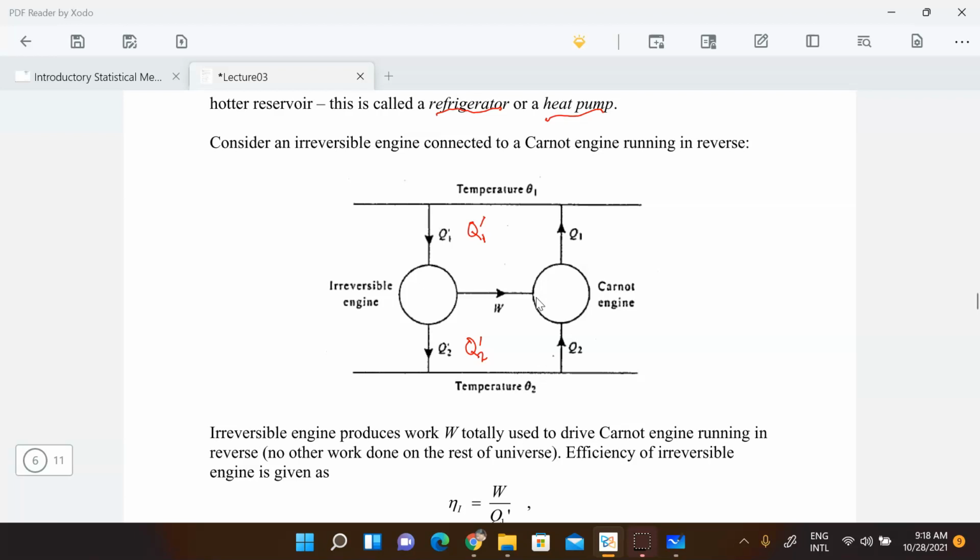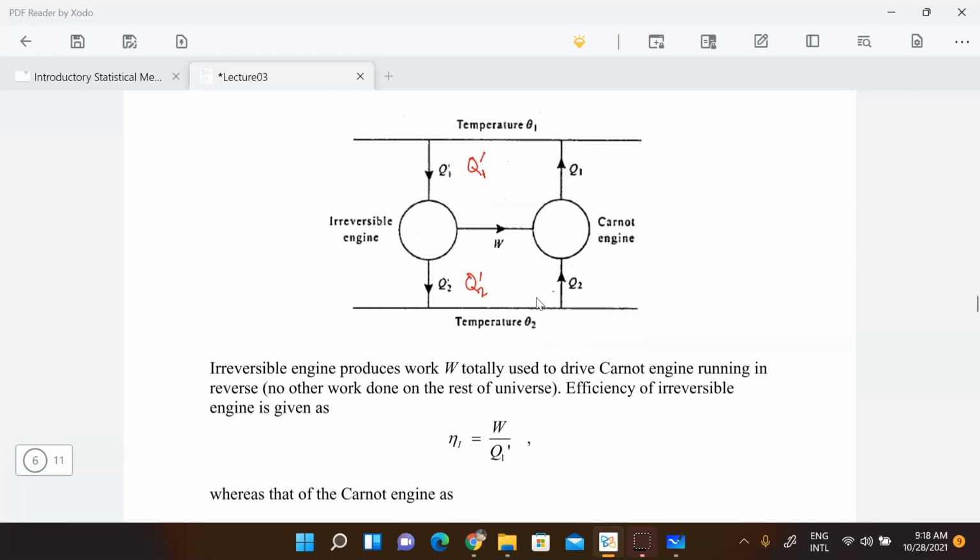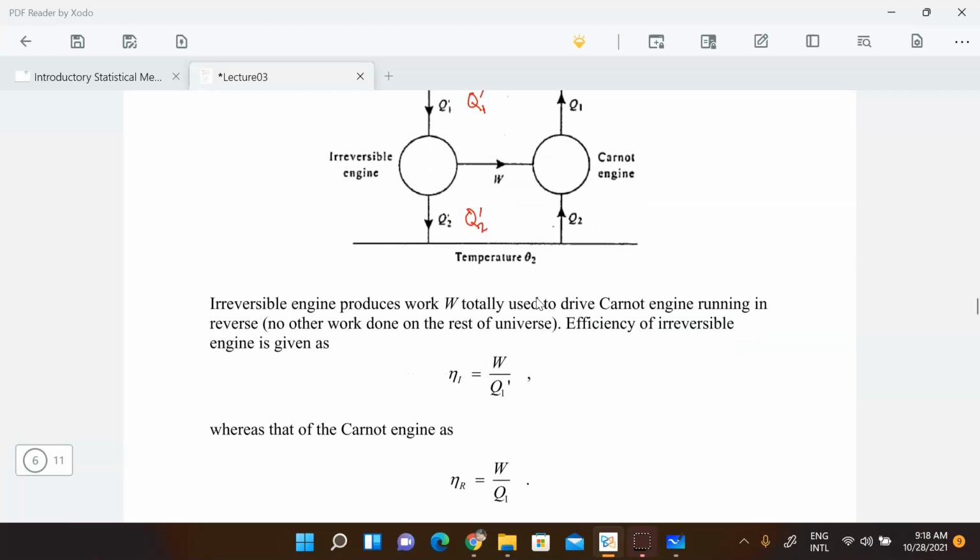Okay, meaning there's no other work done by the irreversible engine. So one could now compare, for example, the two engines, each efficiency. In this particular case, we recall our definition of efficiency is simply the work done divided by the heat input.